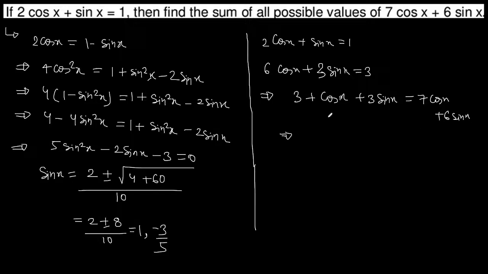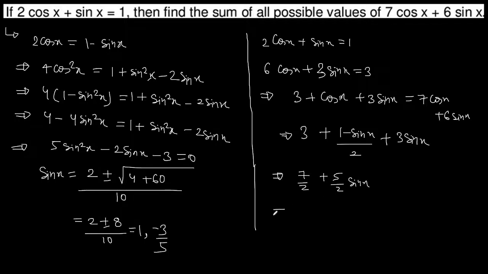Further going, cos x could be written as 1 minus sin x by 2, and we have 3 sin x. Further, it is nothing but 7 by 2 plus 5 by 2 sin x, and sin x has two values.